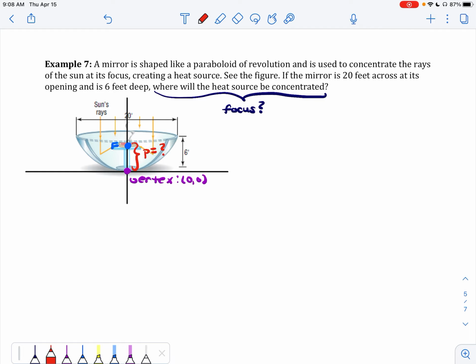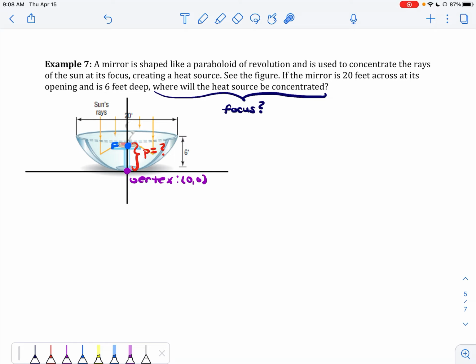Now this other piece of information tells us that the mirror is 20 feet across at the opening and it is 6 feet deep. So it's 20 feet across, so from the center it would be 10 feet to the right and 10 feet to the left, and the depth of it is 6, so that's basically telling us the y.